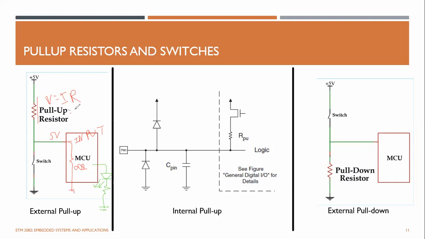I equals 0. 0 times whatever value you use here, the voltage drop will be 0 volt. So this voltage is 0 and this is 5, and 5 minus 0, the voltage at this pin will be 5. If you have a large resistor connected in series, most of the voltage will drop across the bigger resistor. That's why when you measure with a multimeter, you will see 5 volt here.